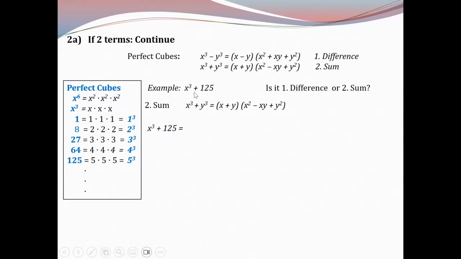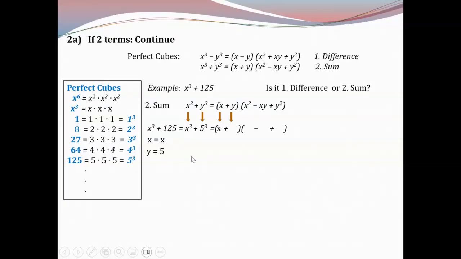Now here, I have to rewrite x cubed plus 125 to fit this form. So 125 is equivalent to 5 cubed. Everywhere I see an x, I'm going to put an x. Everywhere I see a y, I'm going to put a 5, along with the signs and the parentheses. So the x is just x.